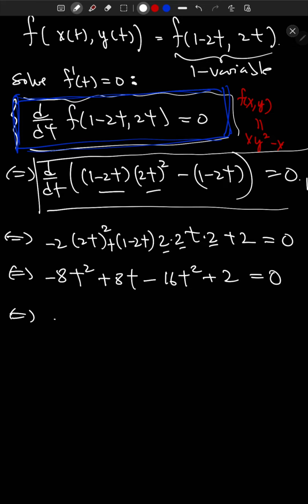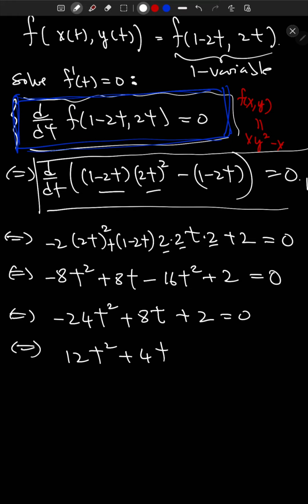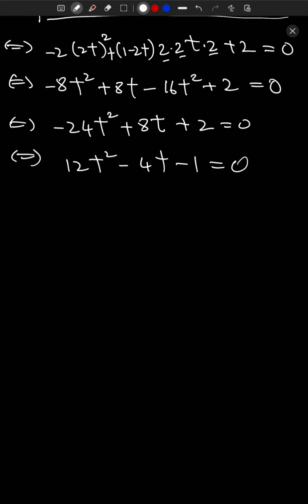So we're ending up with minus 24t squared plus 8t plus 2 equals 0. That is 12t squared minus 4t minus 1 equals 0. Can we factor this? Nope. So let's use the quadratic equation.